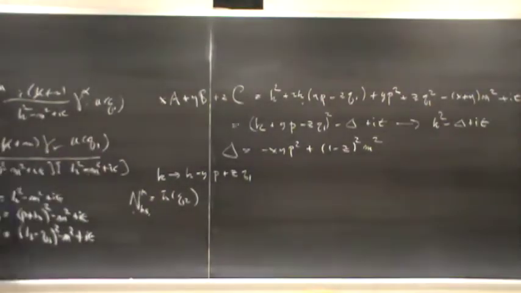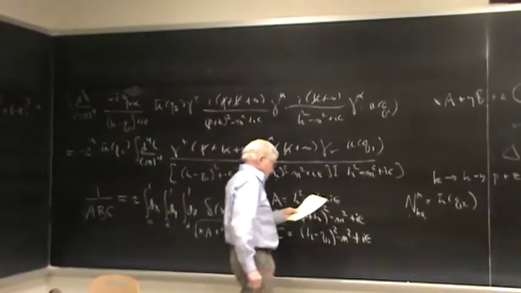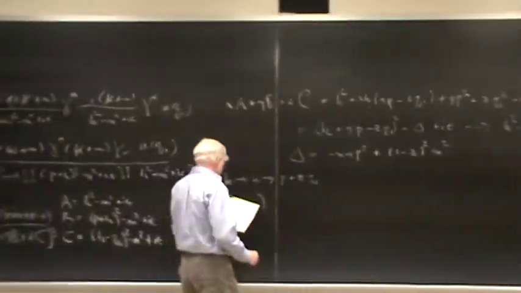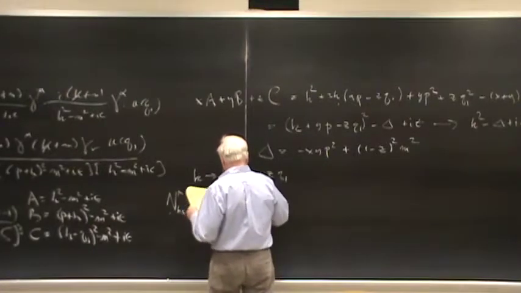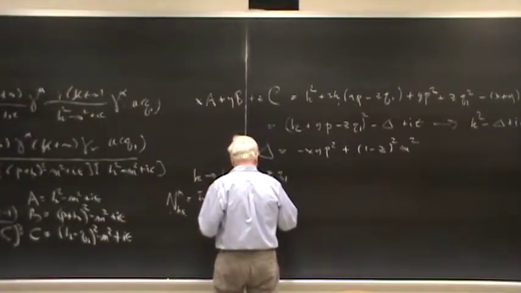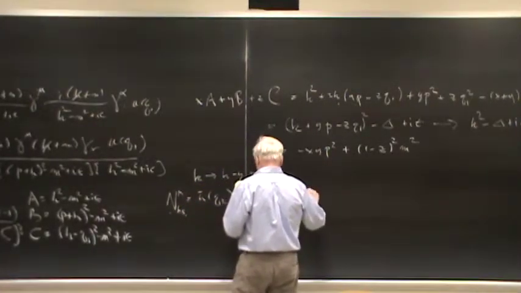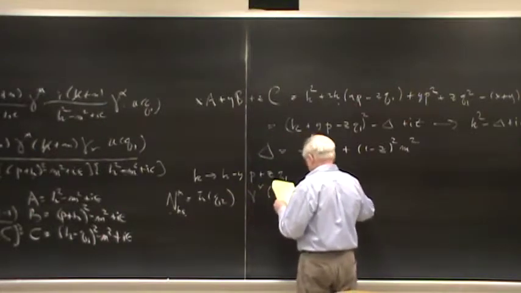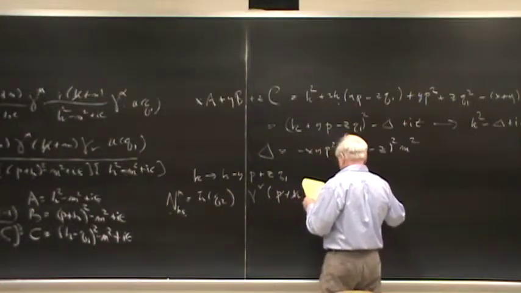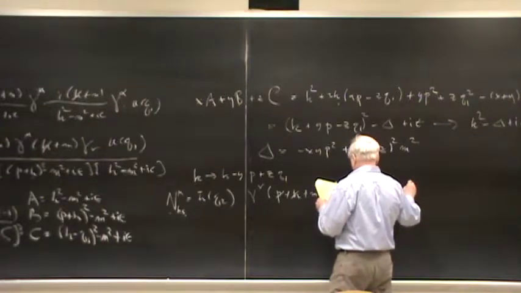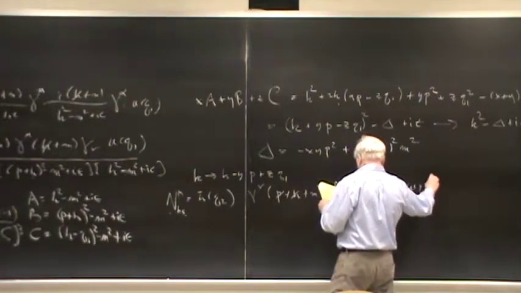In other words, all of this stuff times the u's. So it's gamma nu (P slash plus k slash plus M) gamma mu (k slash plus M) gamma nu u of Q1.